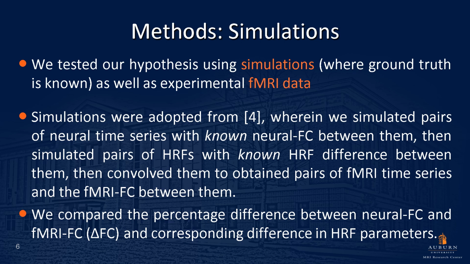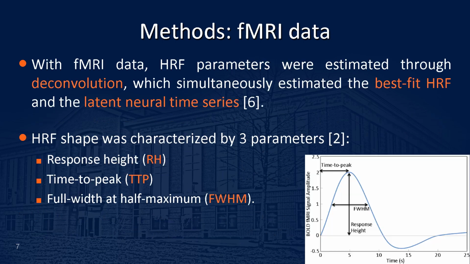Then we compared the percent difference between the neural functional connectivity, the ground truth that we knew, and the fMRI connectivity, and this is called delta FC, or difference in functional connectivity. And then we saw how that corresponds with different HRF parameters.